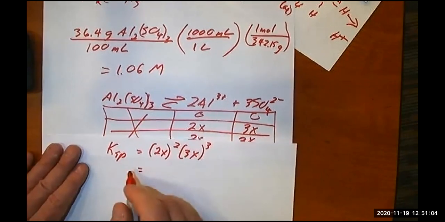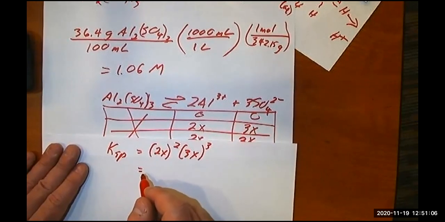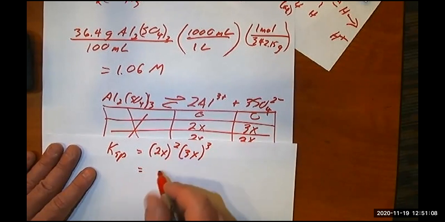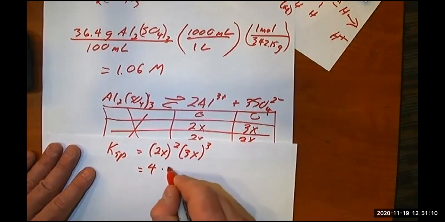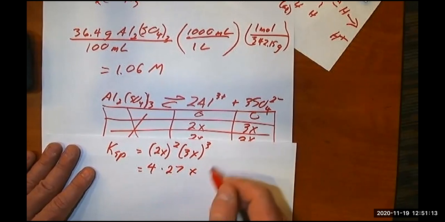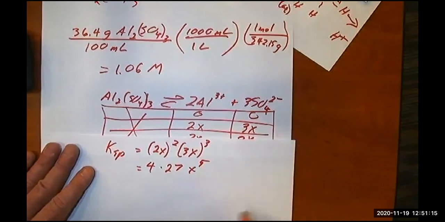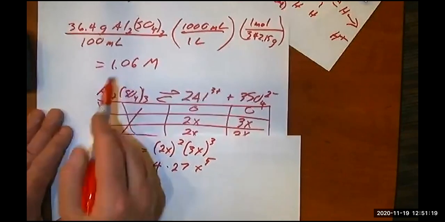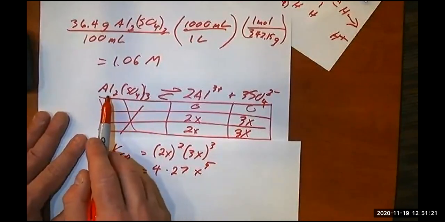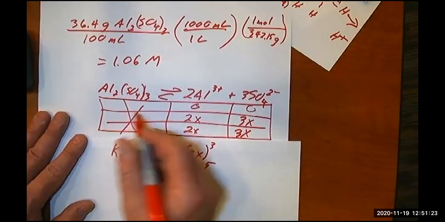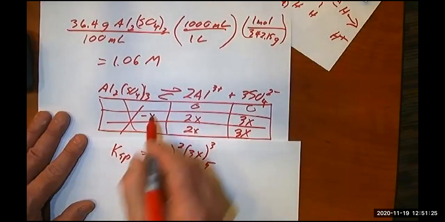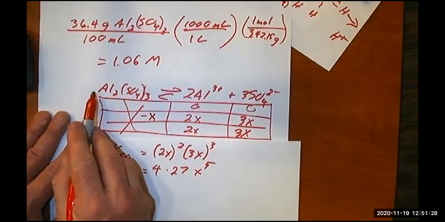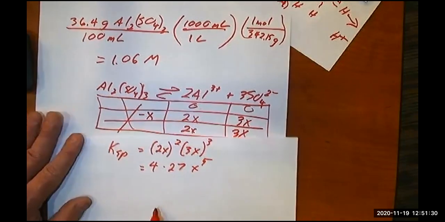So this is now going to be 4 times 27 times x to the 5th. And we know what x is because that's the molar solubility here. The molar solubility is how many moles of this dissolves. And if we included the x here, we have it because the stoichiometric coefficient is 1, we do a minus x.